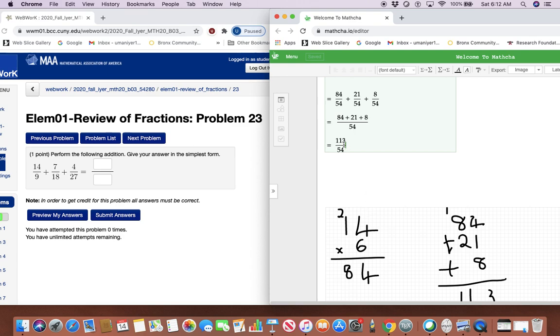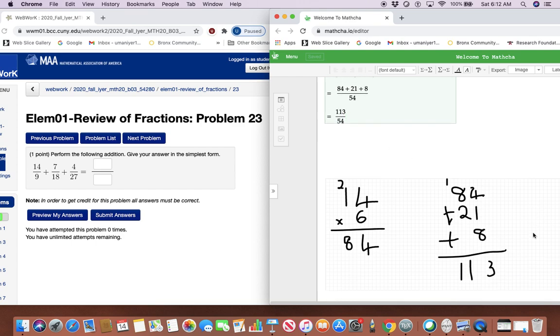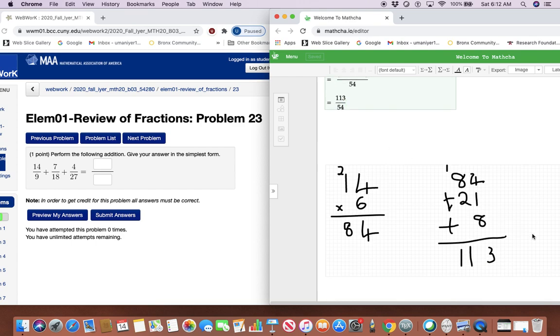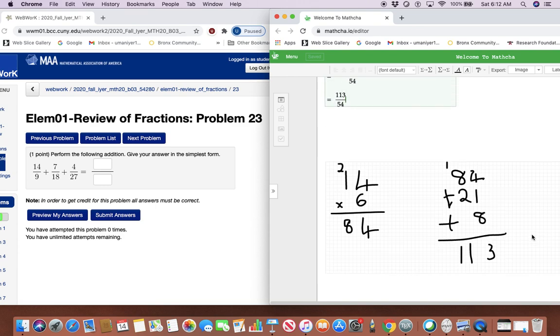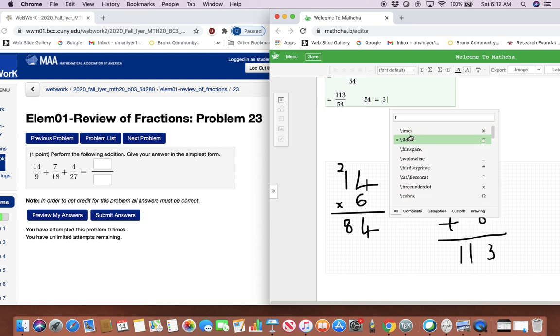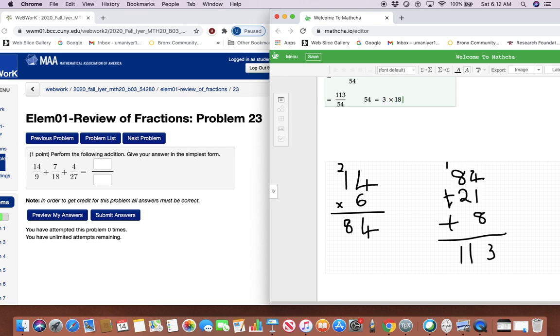What are the factors of 54? 54 is 9 times 6, it helps to understand 54. 54 is 3 times 18, right?